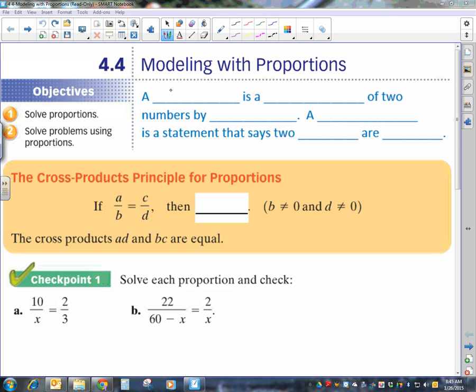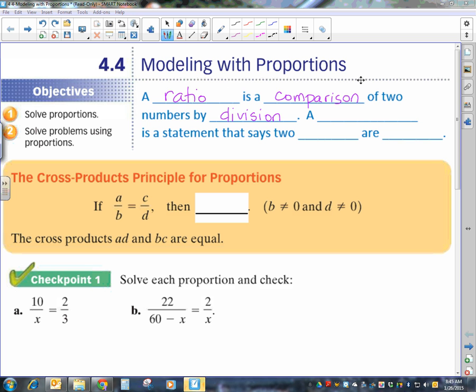But to start off with, let's remind you that a ratio is a comparison of two numbers by division. Okay, you've seen that.